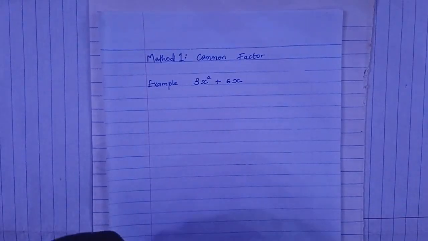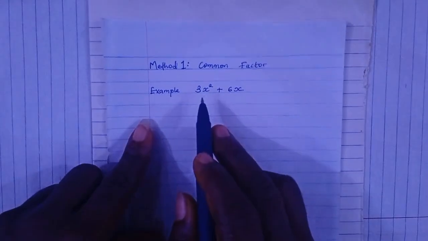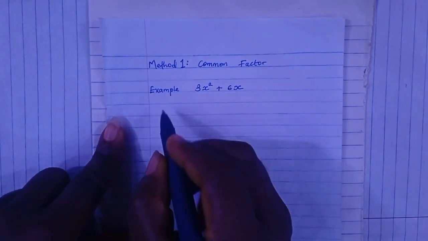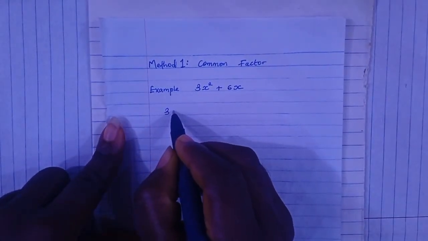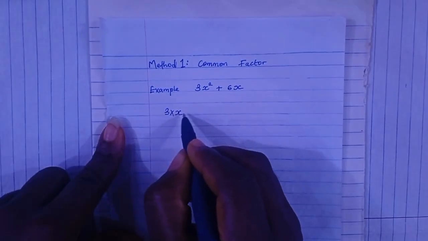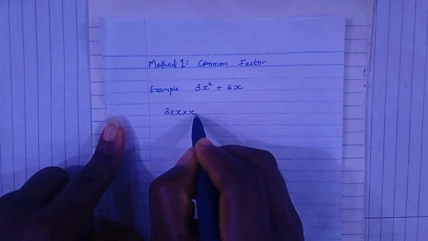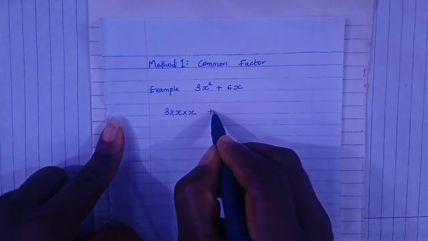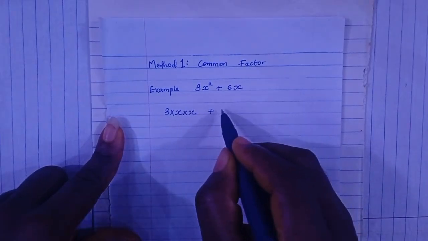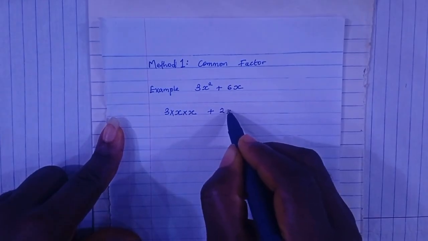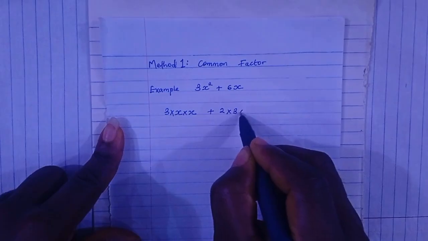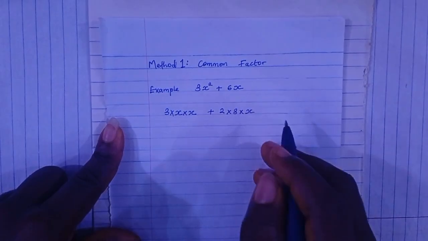In breaking them down, we know that this is equal to 3 times x times x plus, while this is 2 times 3 times x.